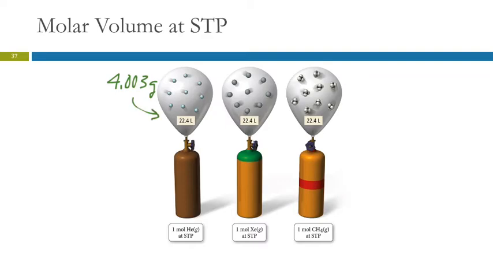How about the xenon? What's the molar mass of xenon? 131.3. Do you think that xenon balloon's going to float like the helium balloon? No way. It's going to fall pretty fast, actually. I don't feel like calculating the molar mass of methane. But you get the idea?